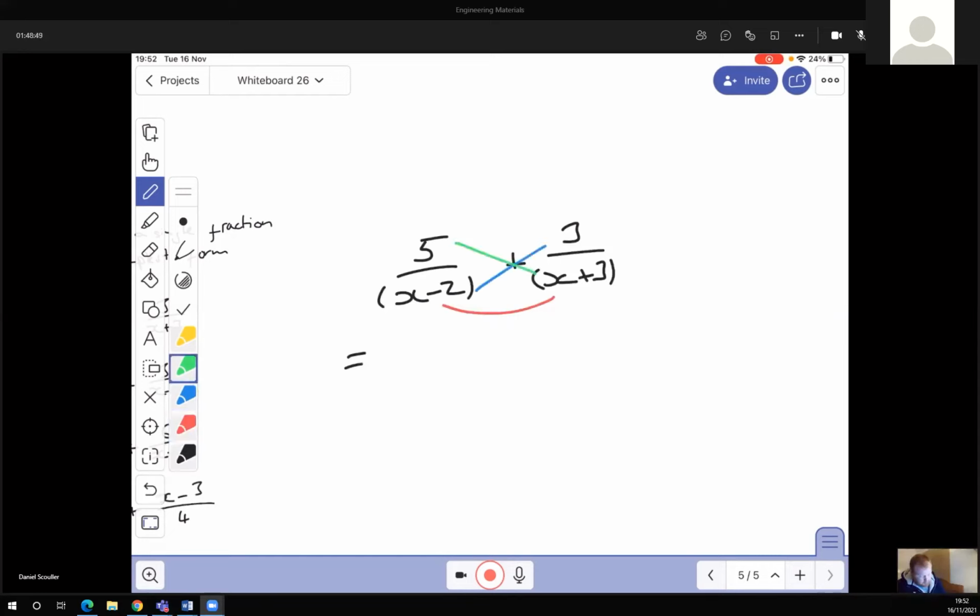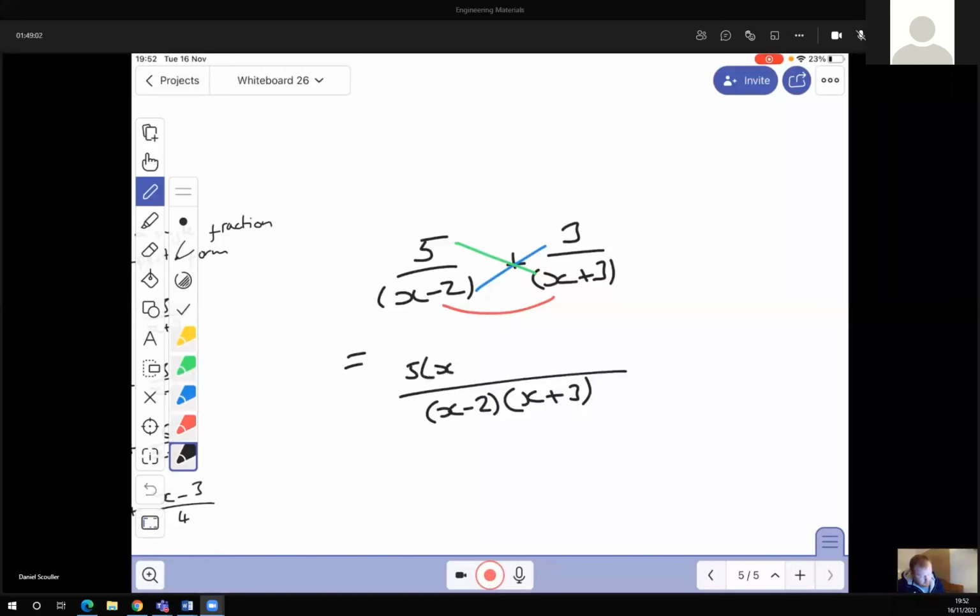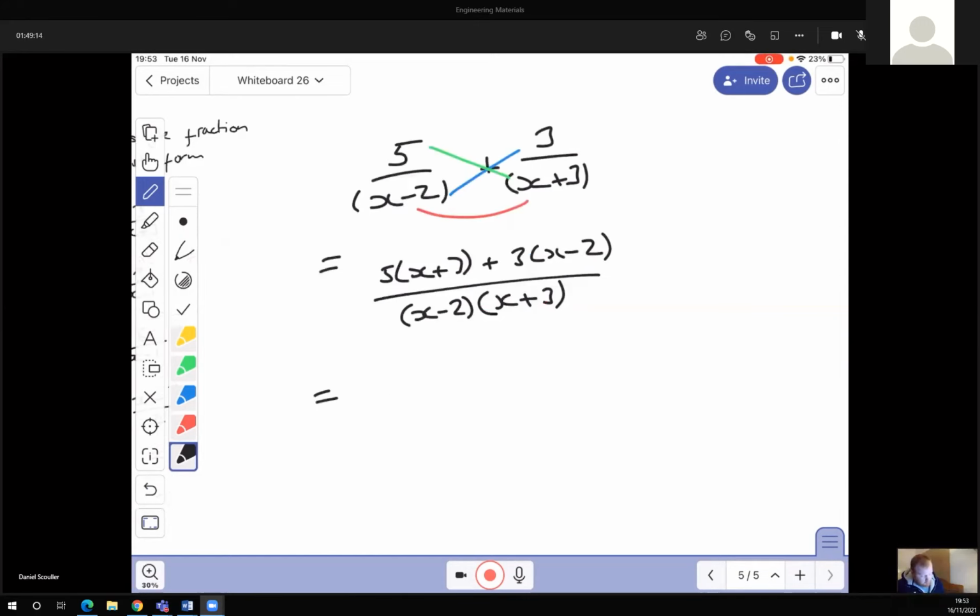So x minus 2, x plus 3, we don't need to do anything else to that. 5 times x plus 3, plus 3 times x minus 2. Remember, need to break the top brackets: 5x plus 15 plus 3x minus 6. Just be careful with that sign.